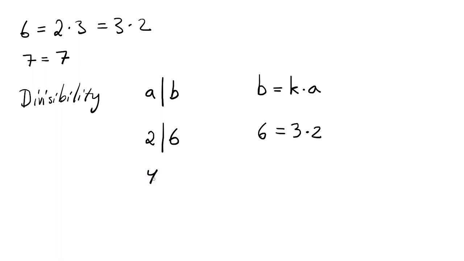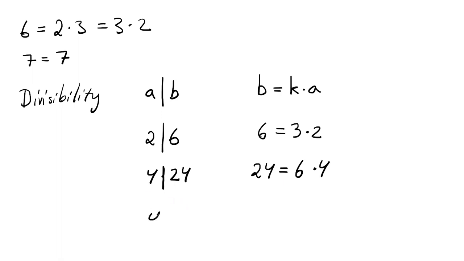Or for example, 4 divides 24, since we can find a number to put here, and that number is 6. And if we cannot do this, then we say it's not divisible.